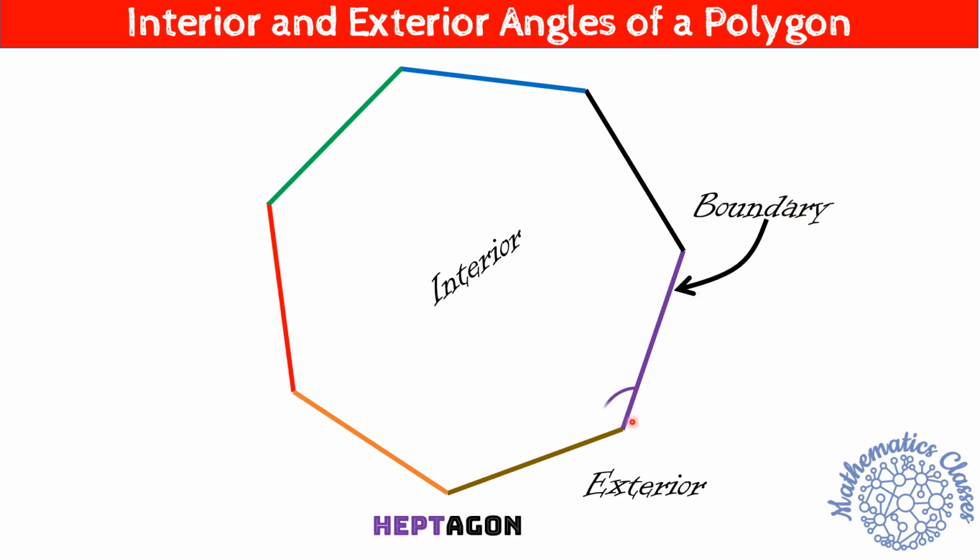And this angle is formed by these two sides of the heptagon, which share the same endpoint. As it is inside this boundary, we call it an interior angle. This outside angle between this side and an adjacent side of the heptagon extended outward is called an exterior angle. It is lying in the exterior part of the figure.